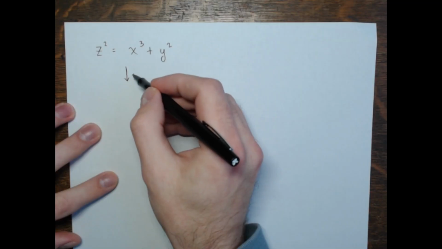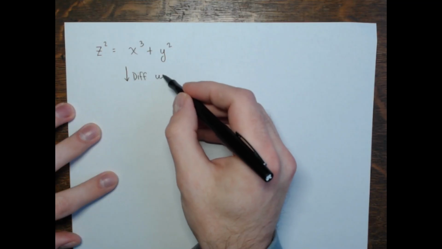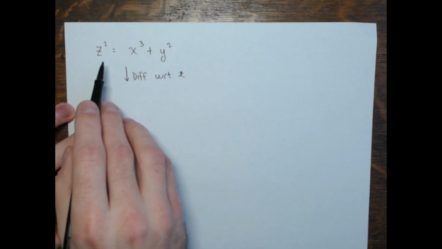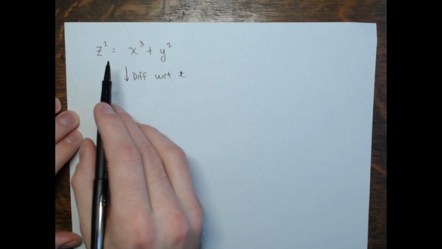All right, so we get our related rate equation by doing implicit differentiation. We differentiate both sides with respect to this t variable, and that'll be applying the chain rule to every single one of these terms again.